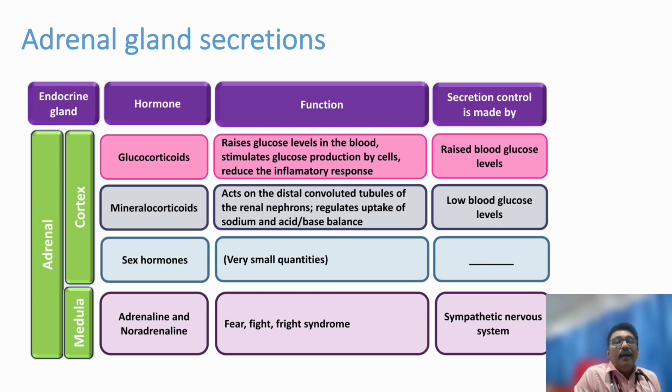So adrenal gland secretions, if you see, there are different types. We will not go into all types of hormones, but there are some hormones which are very important for the ER physician. One is glucocorticoids. It raises the glucose level of blood, stimulates glucose production by cells, and reduces the inflammatory response. This reduction in the inflammatory response is very important.